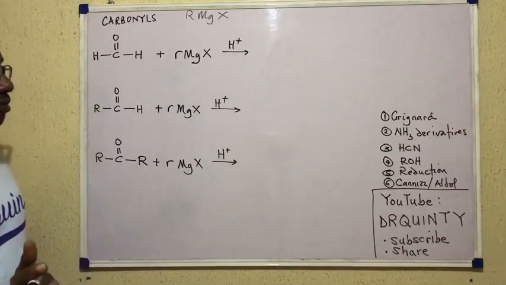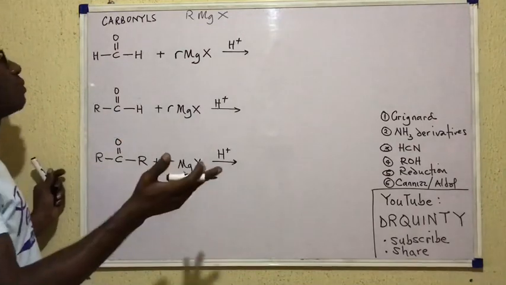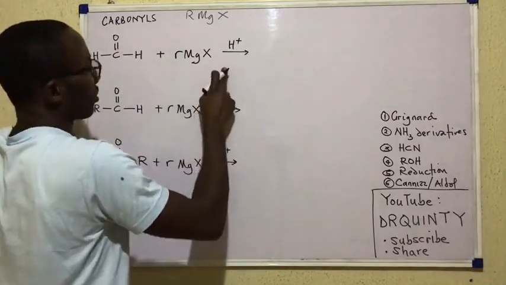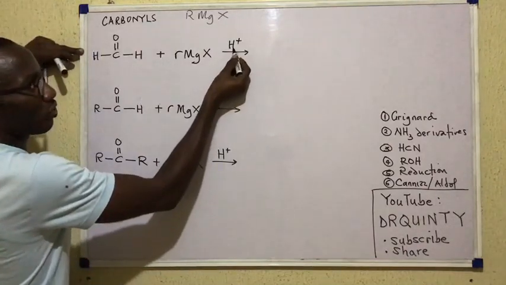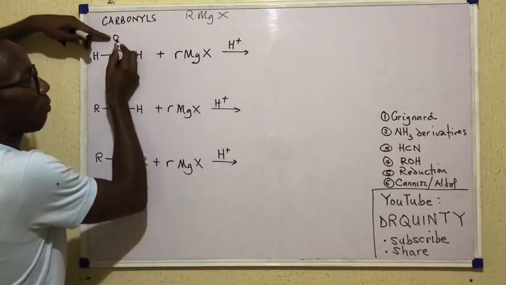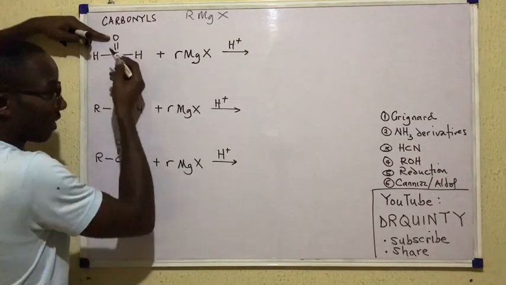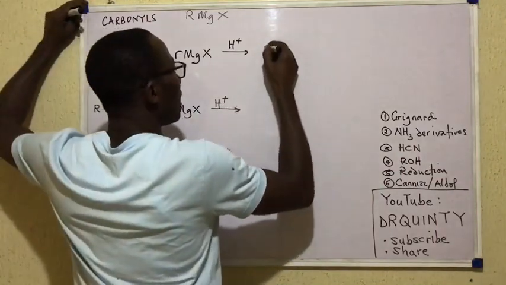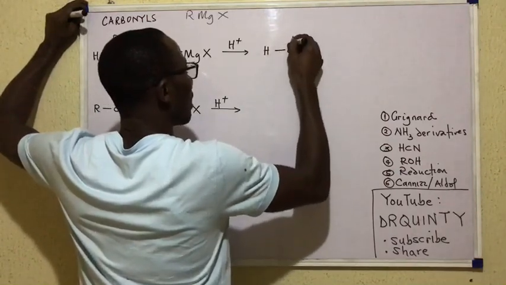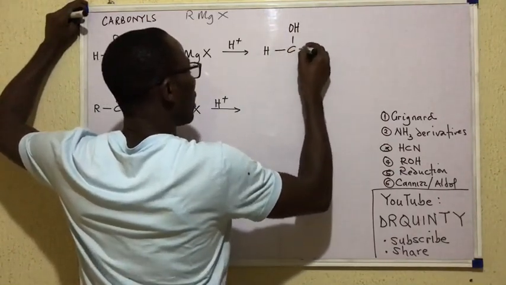For ease, we would normally say that for this reaction, to draw your product, you use this hydrogen. You let this hydrogen combine with that oxygen, as if that were the whole mechanism really, so that you get H, C, then OH, and then H.